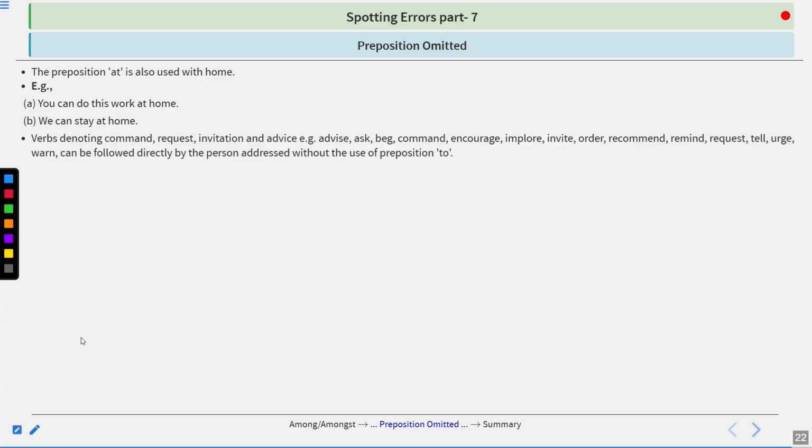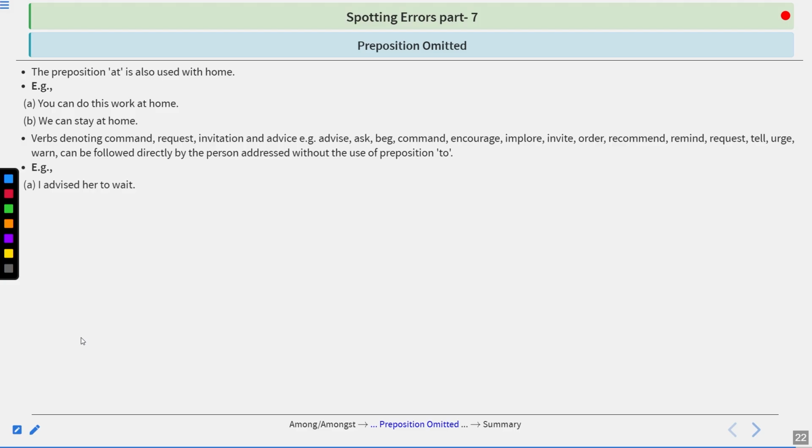Verbs denoting command, request, invitation, and advice, for example advise, ask, beg, command, encourage, implore, invite, order, recommend, remind, request, tell, urge, want, can be followed directly by the person addressed without the use of the preposition to. So with these verbs, we do not use the preposition to because these are verbs of communication. I advise her to wait.